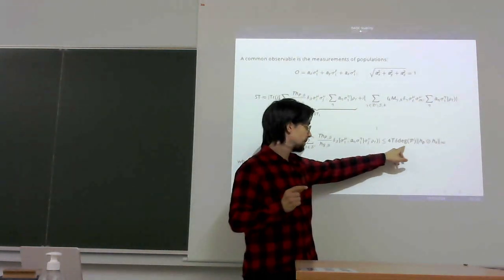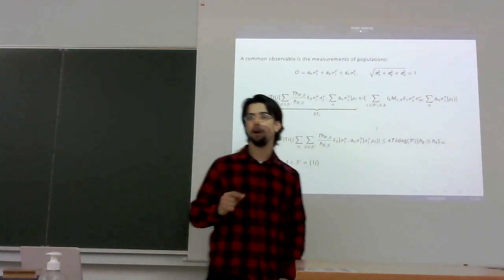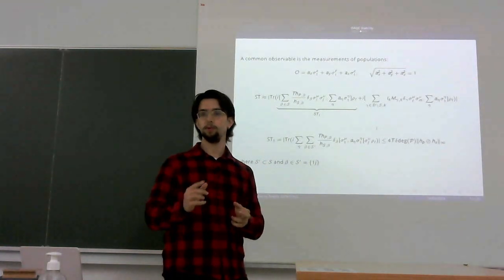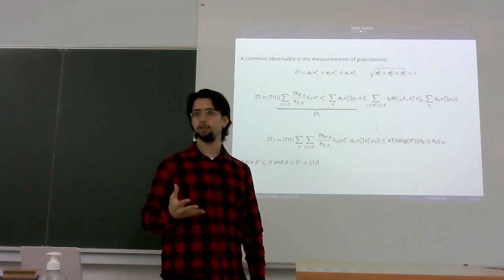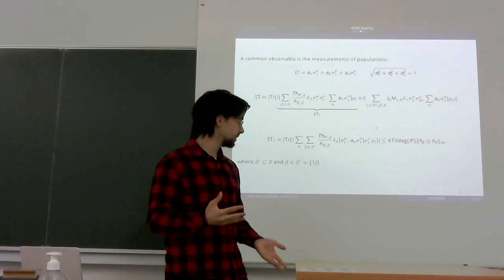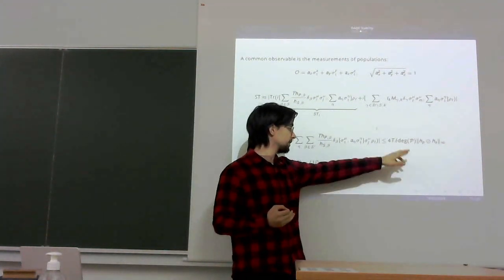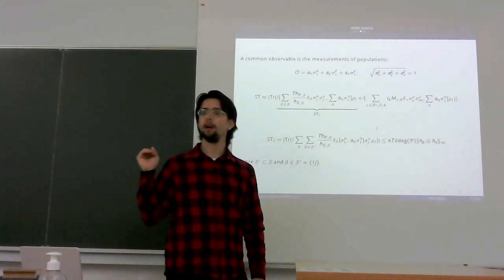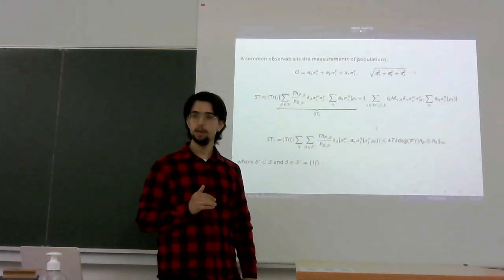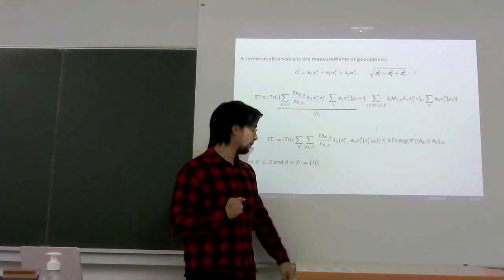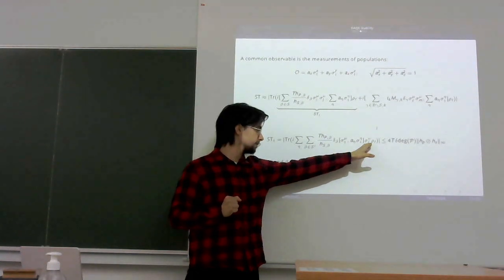be delta multiplied by the maximum value that we can find in the difference between the couplings of H_P and the couplings of H_S, multiplied by the total amount of couplings that we have, because we are going over all the couplings here.